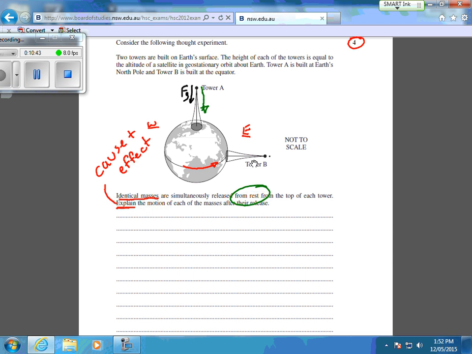What if you throw it or drop it? If you throw it and add some velocity, if I throw it hard that way, it'll go a little bit higher. If I throw it that way, it'll go a little bit lower. If you're rotating and you throw it that way, it won't have as much speed as you do. On this diagram, the tower's moving into the board, rotating that way.